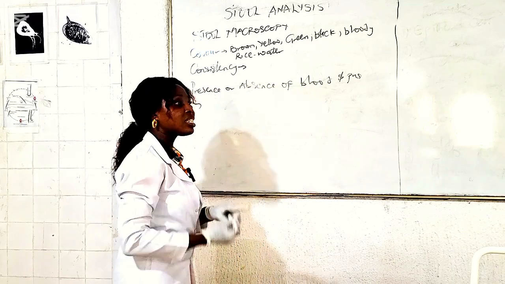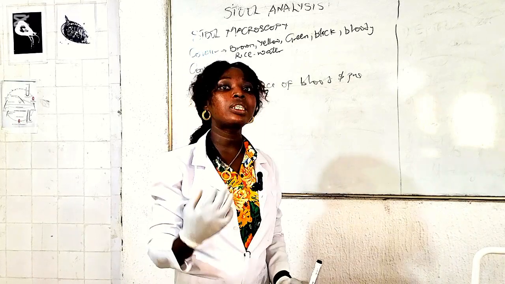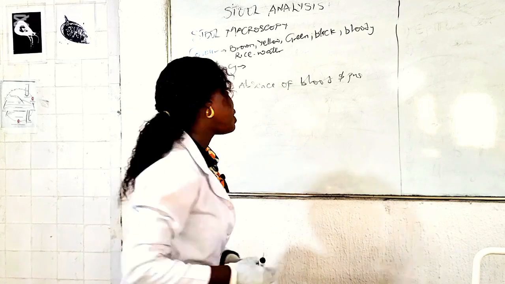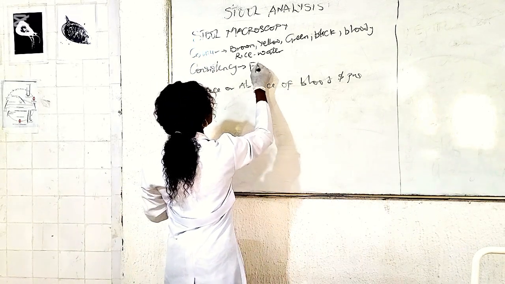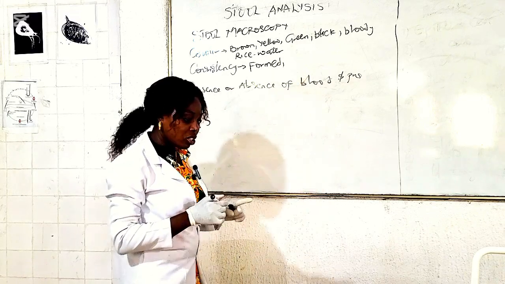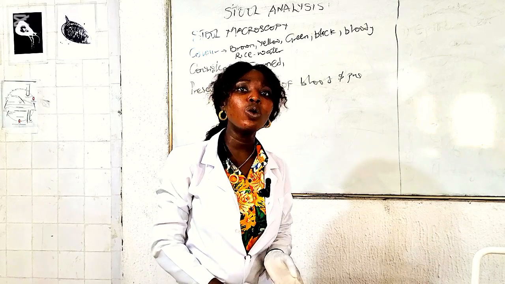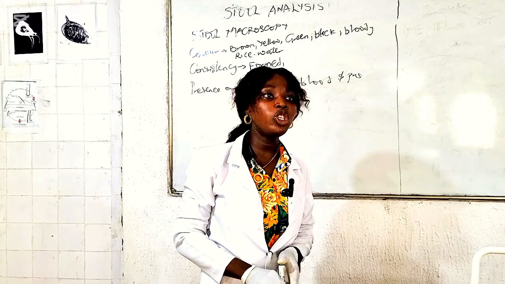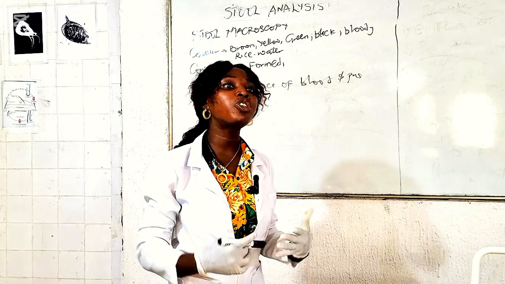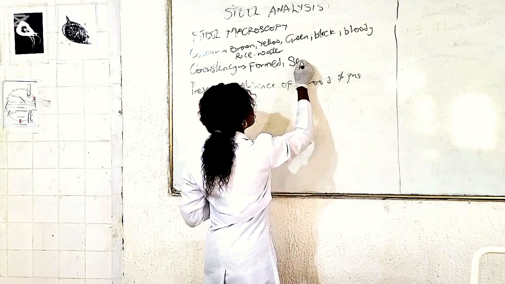Now for consistency, when your stool takes up a certain shape, it's said to be formed. It's not loose. Then when the stool assumes the shape of the container in which you put it, usually you're given a sterile plain container, it's said to be semi-formed.